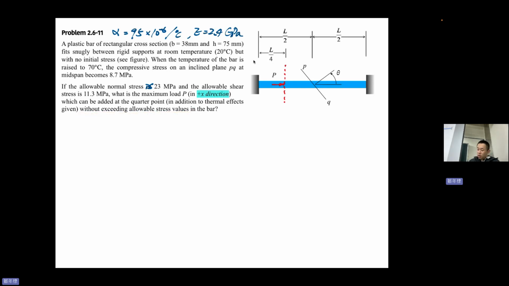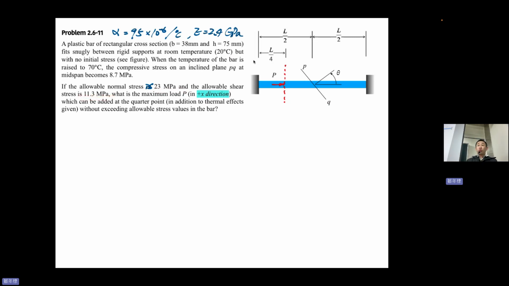So you can imagine that this bar is fixed and the temperature rises from 20 to 70 degrees C, a 50 degree C increment, and you also have the force along the positive X direction acting at the quarter of the length. Then we need to determine the maximum P so as not to exceed 23 MPa in normal stress and not exceed 11.3 MPa in shear stress.